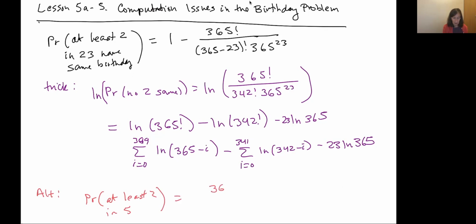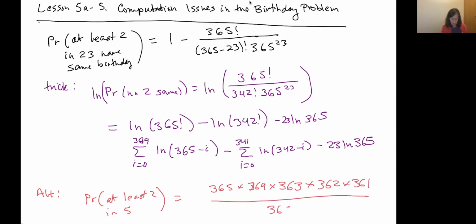Just writing it out like this: 365 times 364 times 363 times 362 times 361 divided by 365 to the 5th power. That's about, for me, the max of what I'd want to punch out on a calculator.